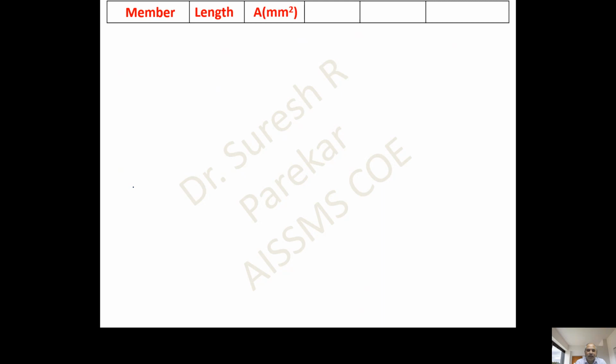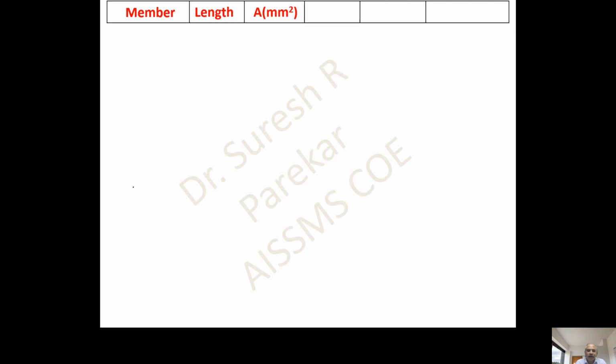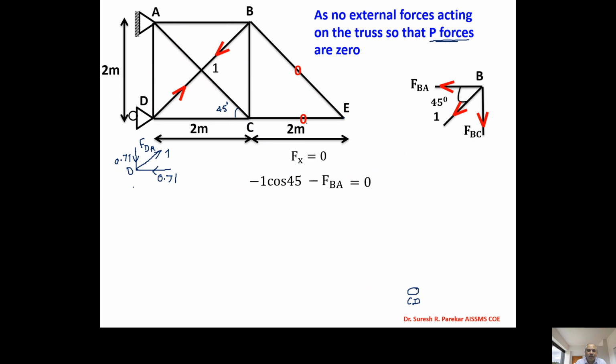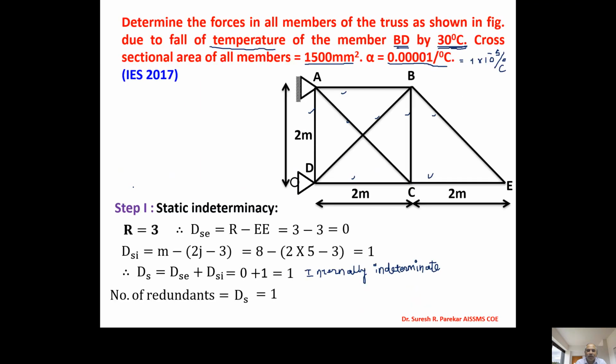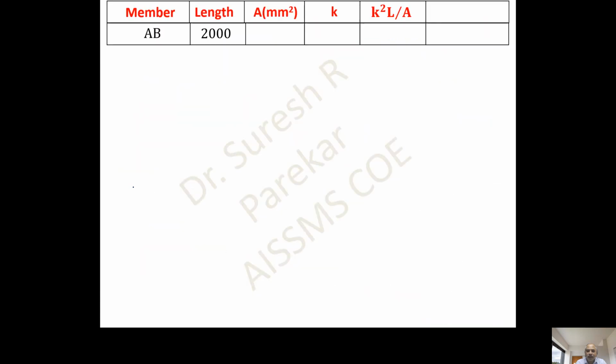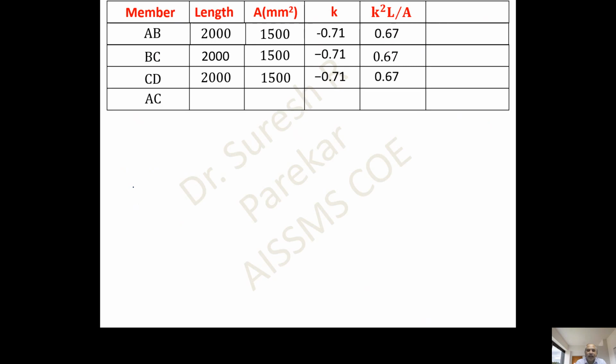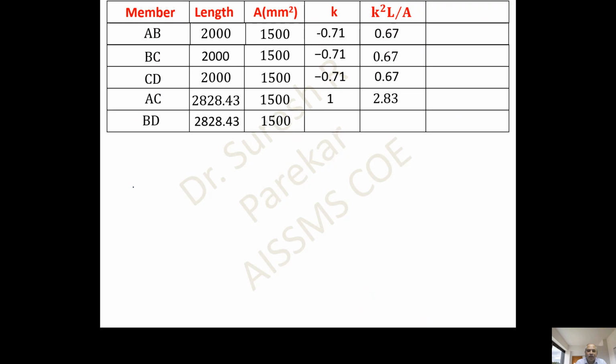Now we will prepare the table as we have prepared for others also. For AB, the value of A is 1500, and all members have 1500, so we can put it here or consider it at the end.